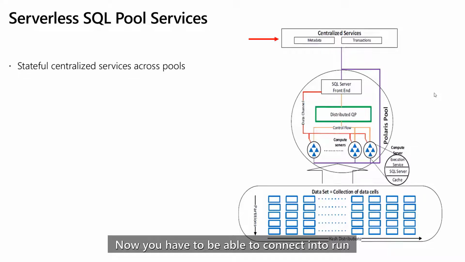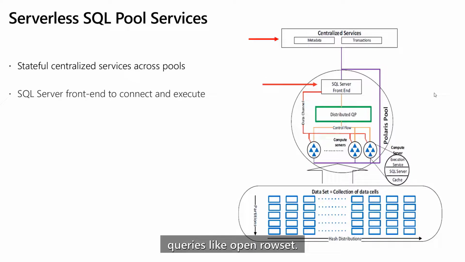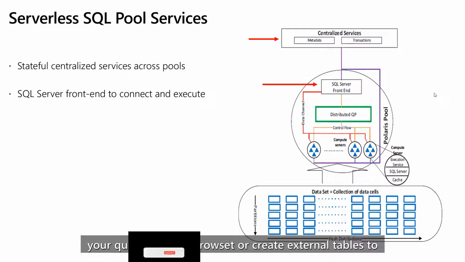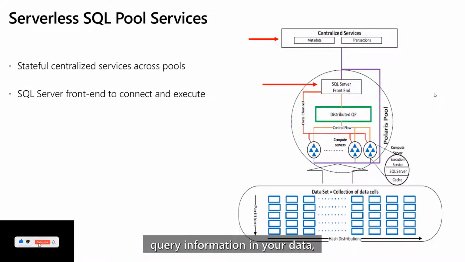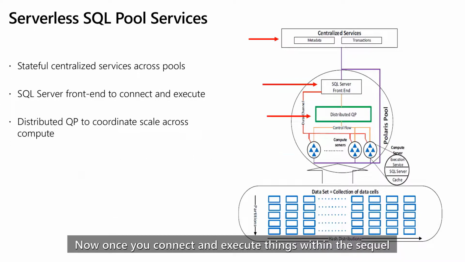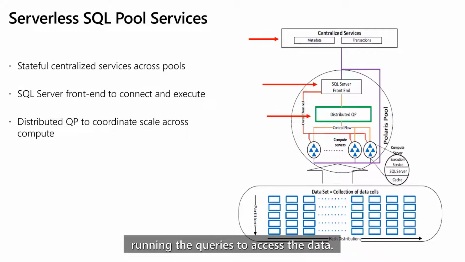Now you have to be able to connect in to run queries like OPENROWSET. And what better way to do that than connect to a SQL Server? So an actual SQL front end, which is TDS compatible, is what you connect into to run your queries of OPENROWSET or create external tables to query information in your data lake or whatever provider we support. Now, once you connect and execute things within the SQL front end, this is going to invoke services behind the scenes for something called a distributed query processing system. It's going to coordinate scale across all the different compute servers that are actually going to be running the queries to access the data.